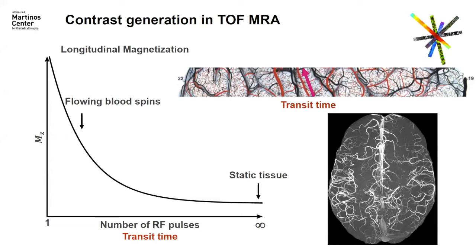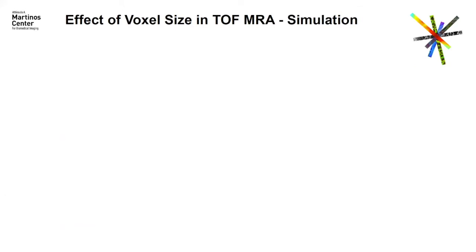When I talked with John about it, we thought, wait a moment, something is missing here. What's not considered is the effect of voxel size, because small arteries have not only slower blood, but they're also really tiny, less than 200 microns. Usual time-of-flight is maybe 300, 400, 500 microns, so the voxels are much bigger than the vessels.